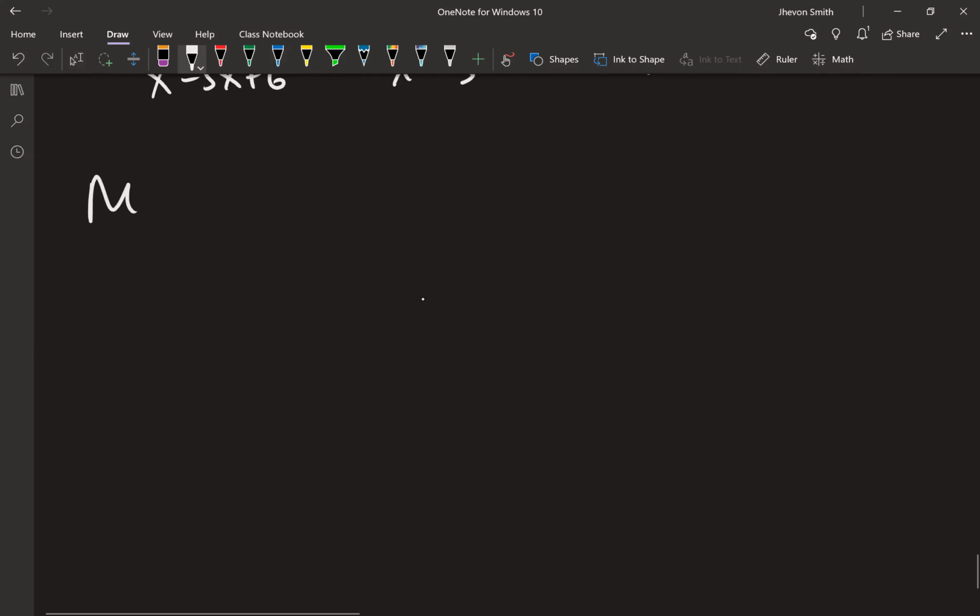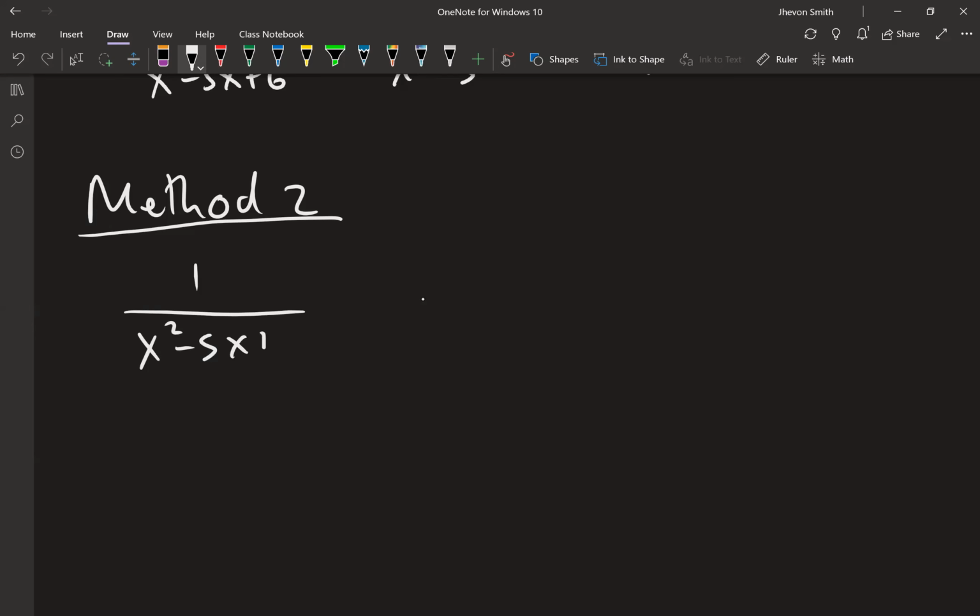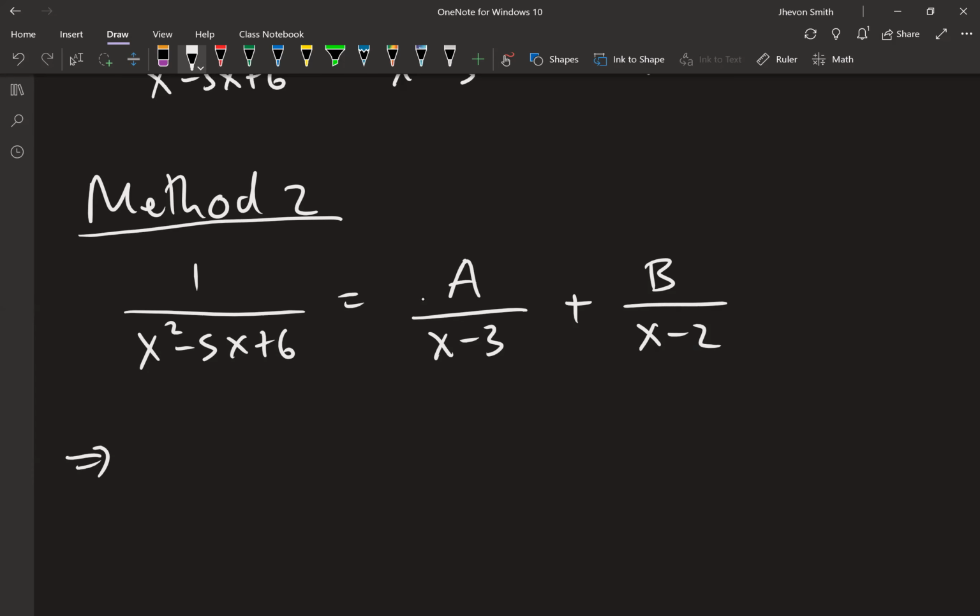Here's another method, and just give me like 3 more minutes to get through this. When you had 1 over x squared minus 5x plus 6 equals a over x minus 3 plus b over x minus 2, here is another thing you could have done. Again, you would multiply both sides by the denominator on the left.